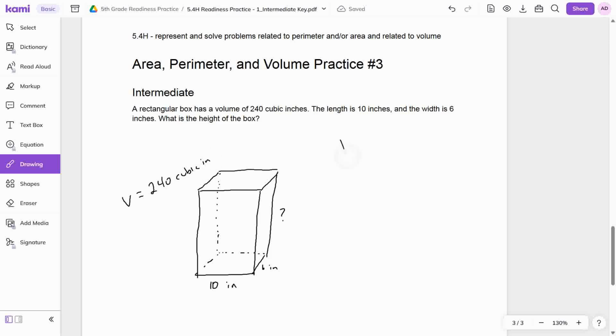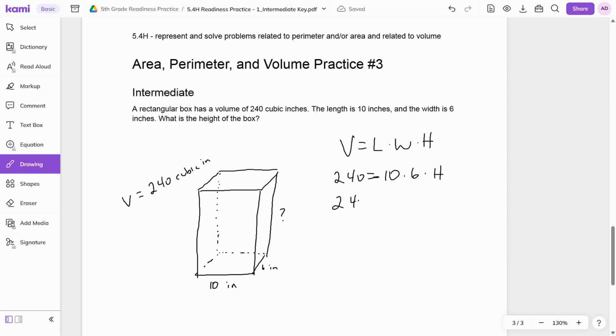All right, so remember, volume equals length times width times height. And my volume is 240, so we can say 240 equals, length is 10, width is 6, times height.